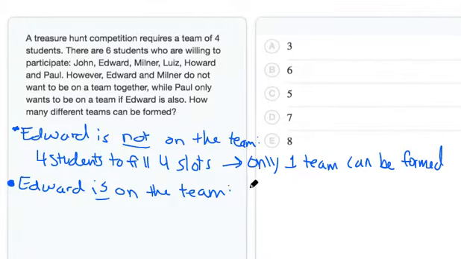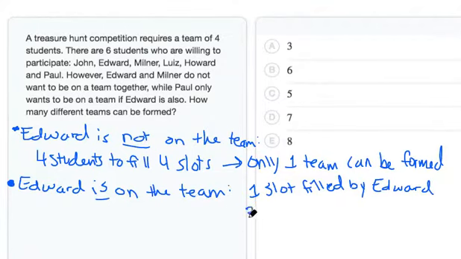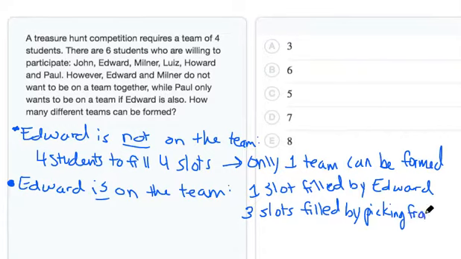So one slot is filled by Edward, and there are 3 slots to be filled by picking from 4 people.